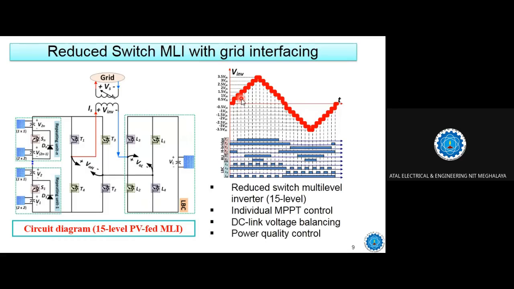We have also faced this problem in real-time applications. The steps will be unequal, and unequal steps will definitely introduce a large amount of harmonics in the output. So you need to focus that your output is very symmetrical in the positive and negative, and also in the steps, right?